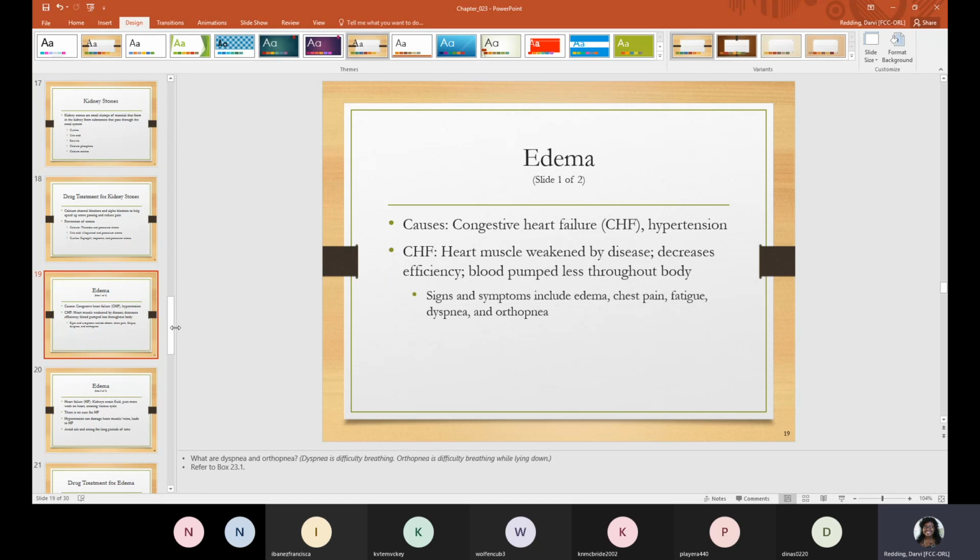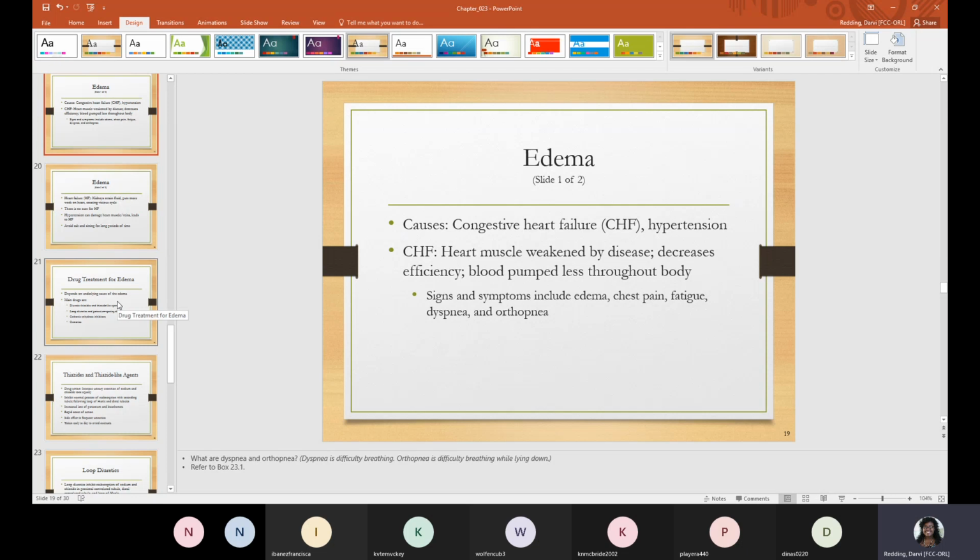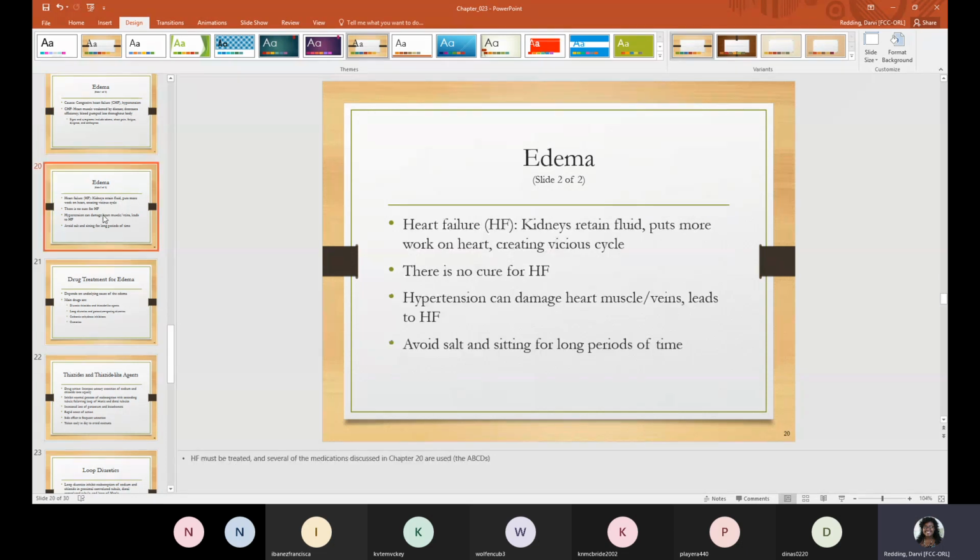That's the difference between the two. Anytime you see the medical prefix dys, that represents difficulty, and pnea, P-N-E-A, represents breathing. So dyspnea represents difficulty breathing. For more information on this example, you can refer to figure 23.1.